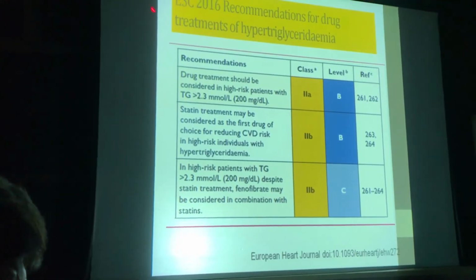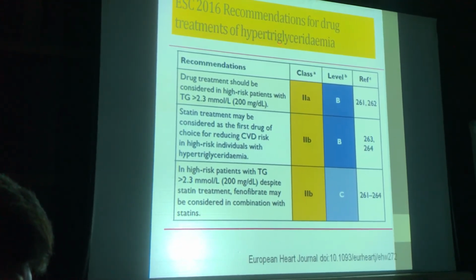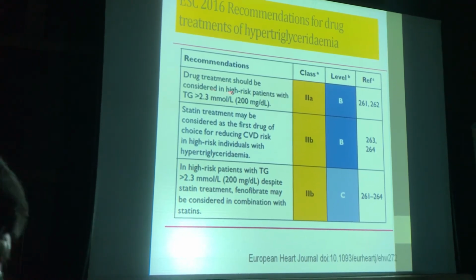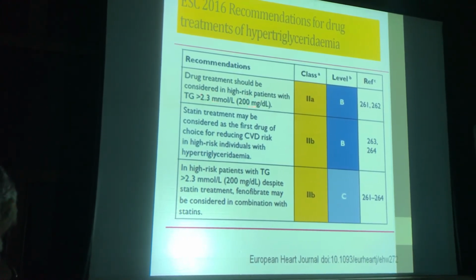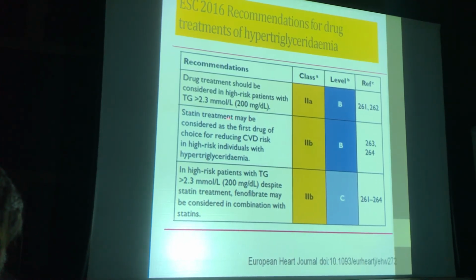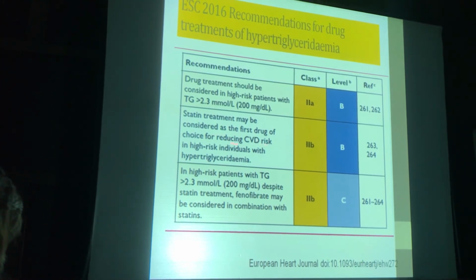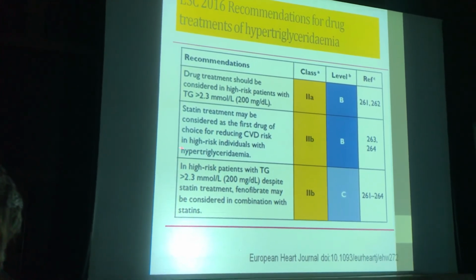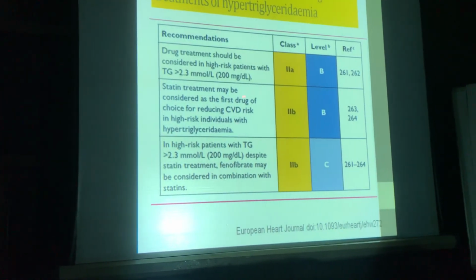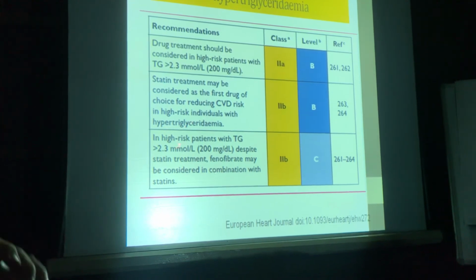Now, the European Society of Cardiology 2016 recommendations for treatment of hypertriglyceridemia. Drug treatment should be considered in high-risk patients with triglyceride more than 200 milligrams. Statin treatment may be considered as the first drug of choice for reducing cardiovascular risk in high-risk individuals with hypertriglyceridemia. So even if the triglyceride is on the higher side, the first treatment would be with the statin, and then comes treatment of the triglyceride level.